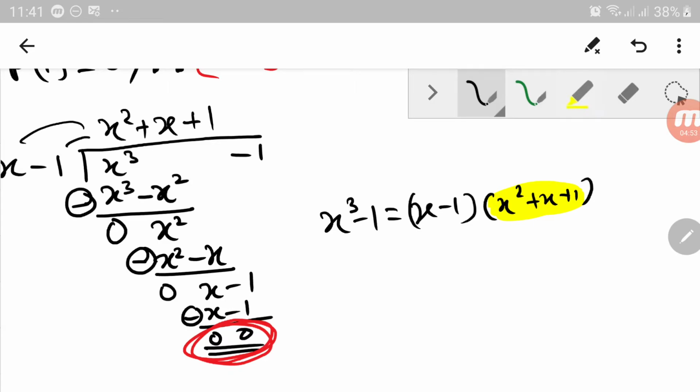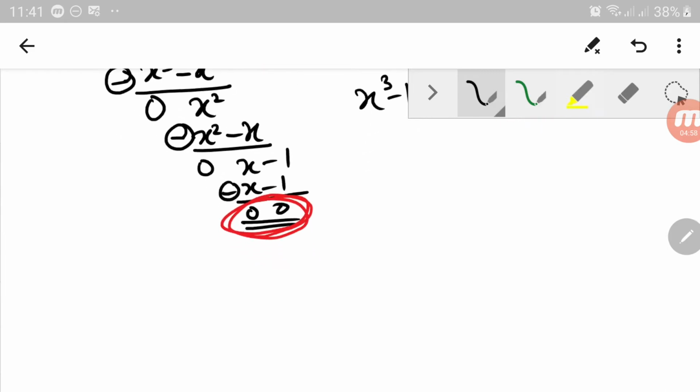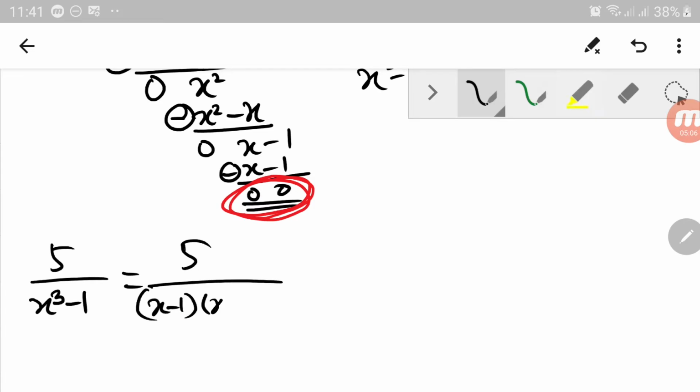So we have 5 over x cubed minus 1 equals 5 over x minus 1 times x squared plus x plus 1.